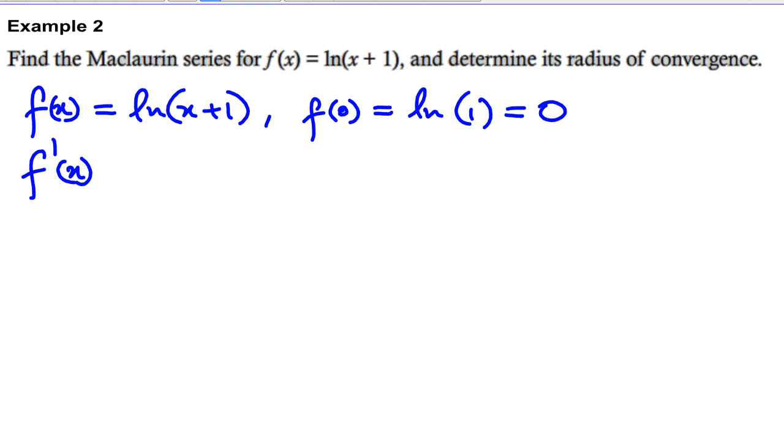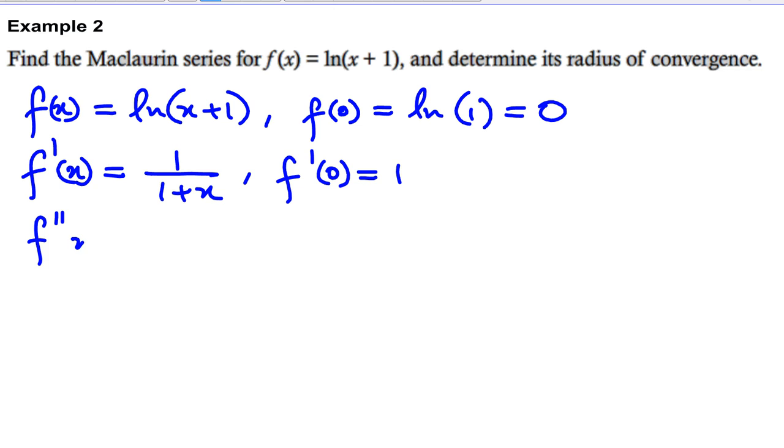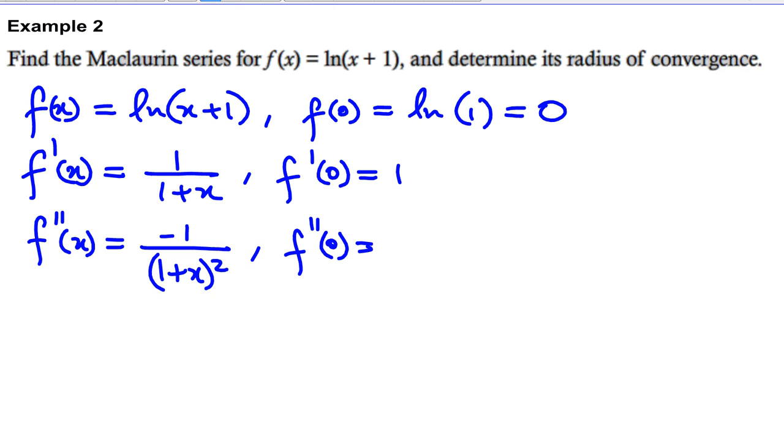First derivative of this function, just differentiate it, that will be 1 over 1 plus x. So the value of the first derivative at x equals 0 will be equal to 1. Second derivative of this function will be negative 1 over (1 plus x) squared, and the value of the second derivative at x equals 0 will be negative 1.